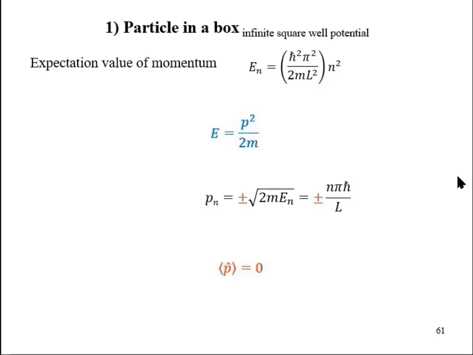But what about the eigenvalue of momentum computed by the eigenvalue equation? If the given wave function is not an eigenfunction of momentum, then is it possible to find an eigenfunction which, when operated on by the momentum operator, can give the eigenvalue of the momentum? Let us see.